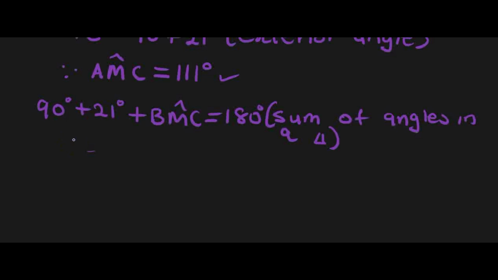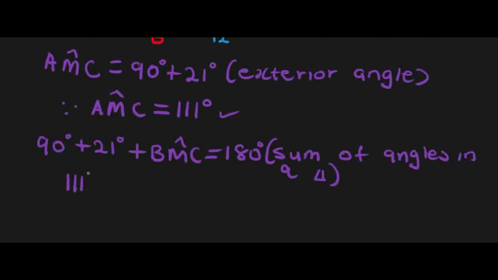So 90 degrees plus 21 degrees is equal to 111 degrees plus angle BMC, which is equal to 180 degrees.